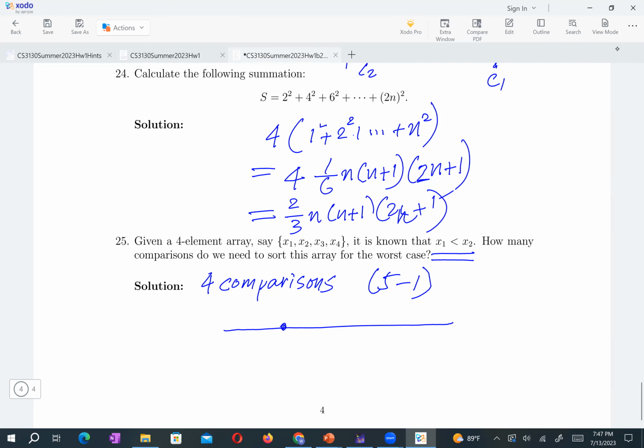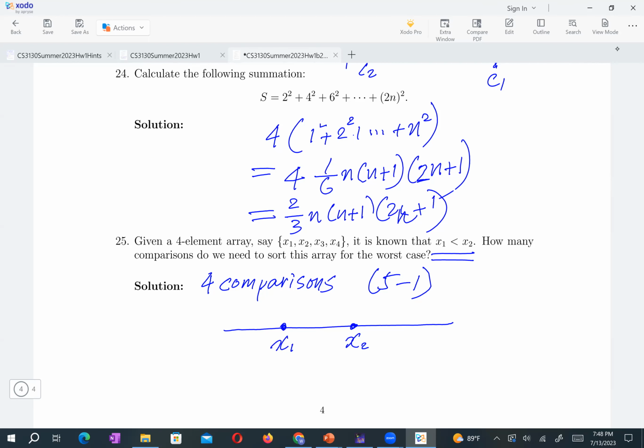X1, X2: we already know X1 is less than X2. So we put them there as our starting state.